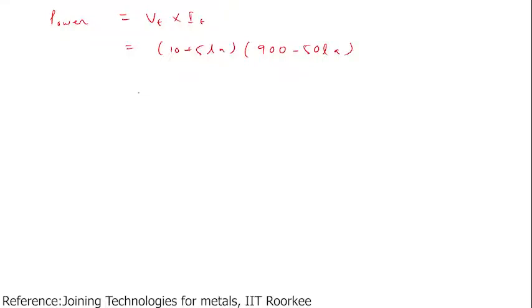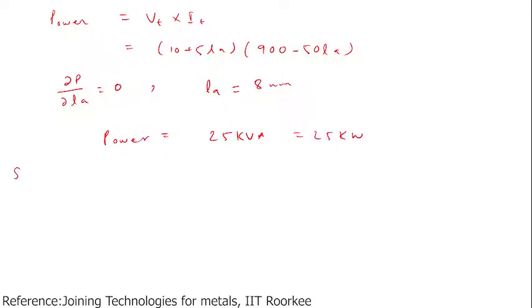So for maximum power we'll differentiate it with respect to LA, that should be 0. So you will get the value of LA as 8 mm. So your power will be 25 kilowatt ampere, that is 25 kilowatt.